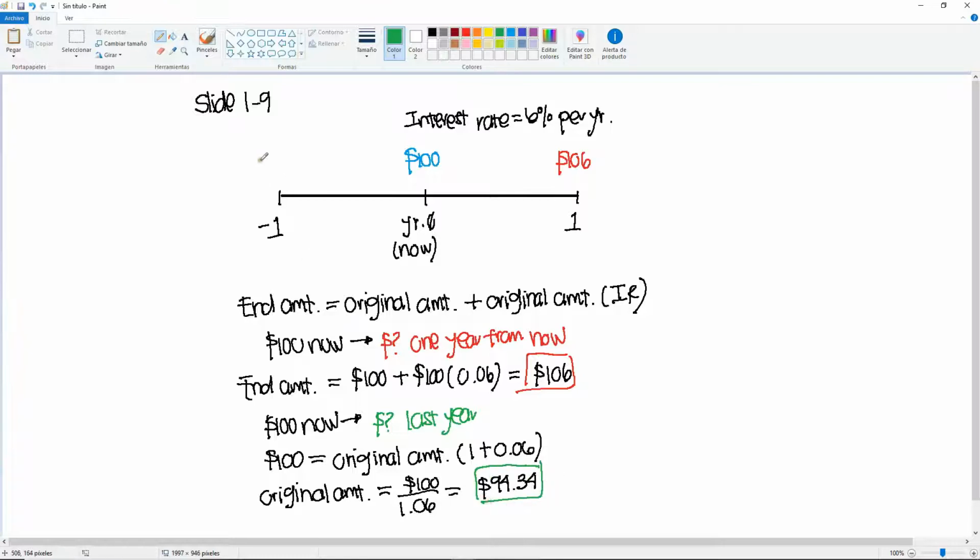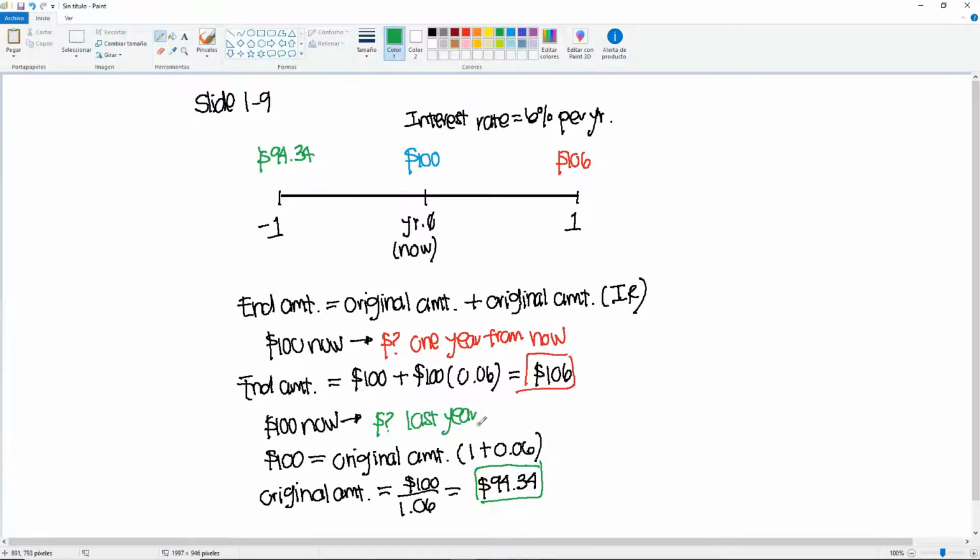And again, this right here will be the amount 1 year before now. Okay, so the equivalence means that these 94.34 are equal to 100, are equal to 106 at 6% per year interest rate. So that's what makes the whole difference, the interest rate or the time value of money.